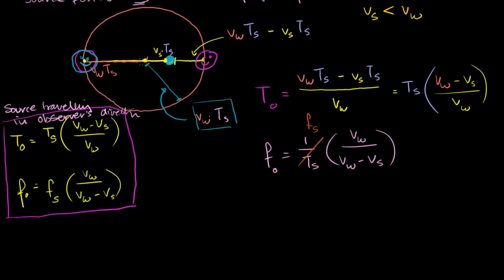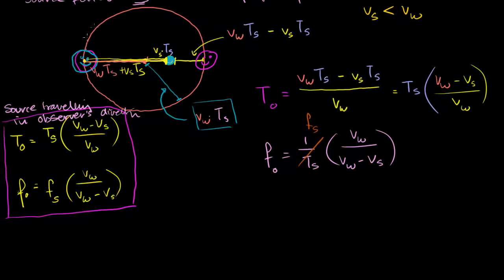That is that distance, plus the amount of distance that our source has traveled away from this guy. So plus v sub s times the period. That's what this distance is, and this is how far apart this wave pulse is going to be from that one.